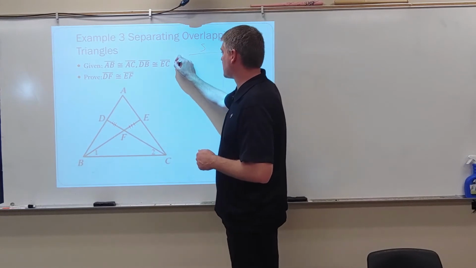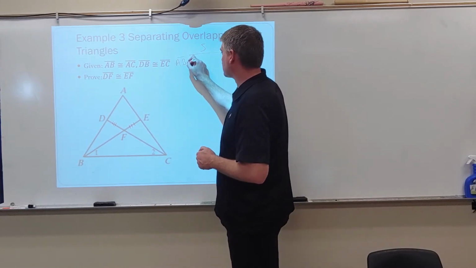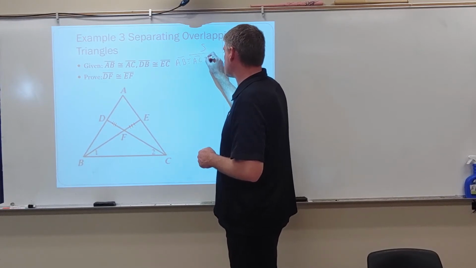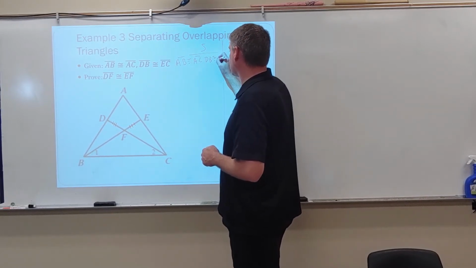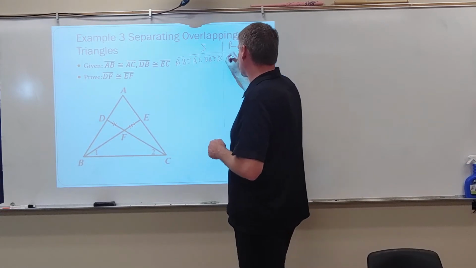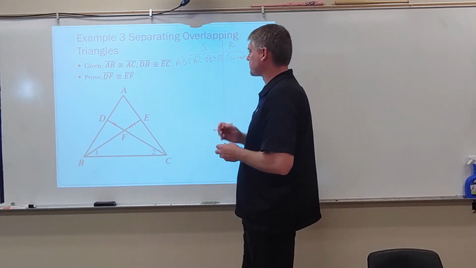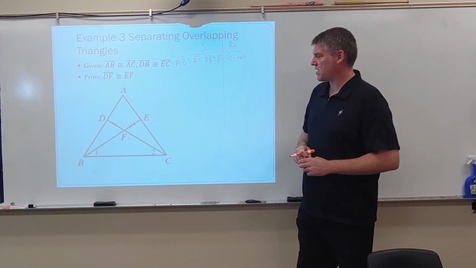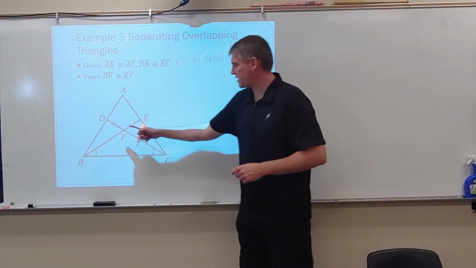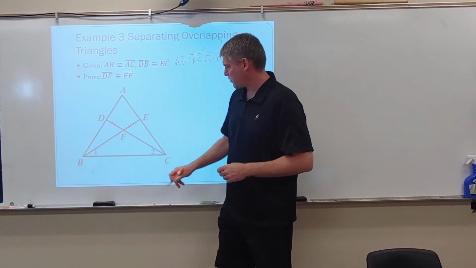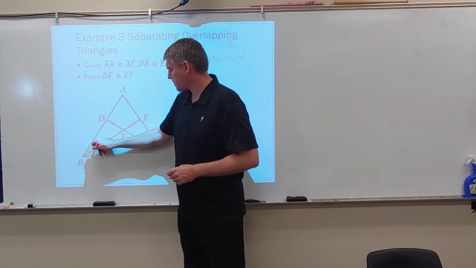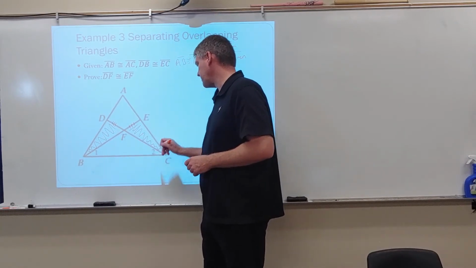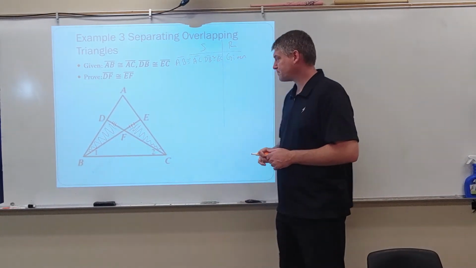So we have our statements, we have our reasons. The first thing is I'm going to write down my given. All right, EC. So that is given. Once I know that piece, since I'm trying to get to these two sides here, I probably am trying to find this triangle here is congruent to this triangle.